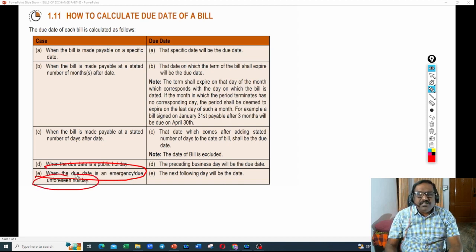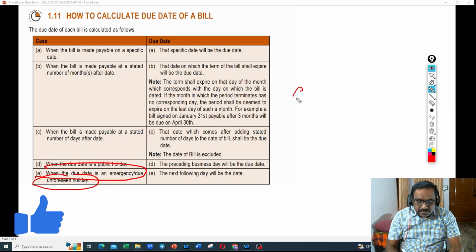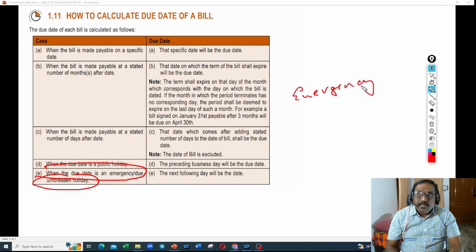Next. When the due date is an emergency or unforeseen holiday. What is that emergency or unforeseen holiday? For example, Corona lockdown period. That is an emergency holiday, correct? Or when there is a curfew. When there is a curfew, that is an emergency holiday.